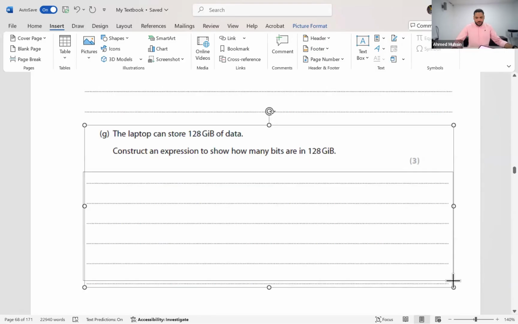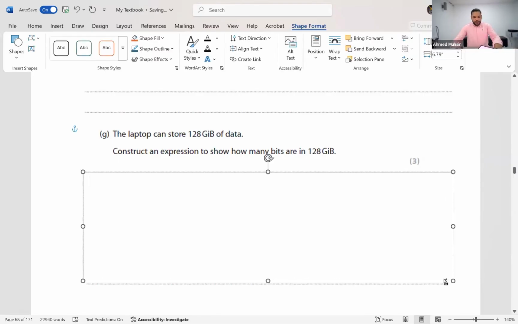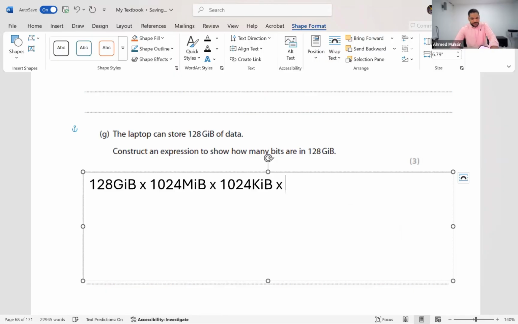Right, everybody over here, I'm going to note this down. 128 gigabytes times 1024 megabytes times 1024 kilobytes times 1024 bytes times 8 bits.